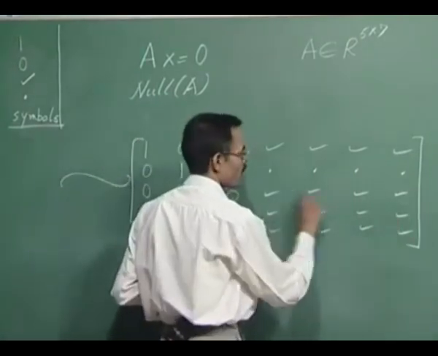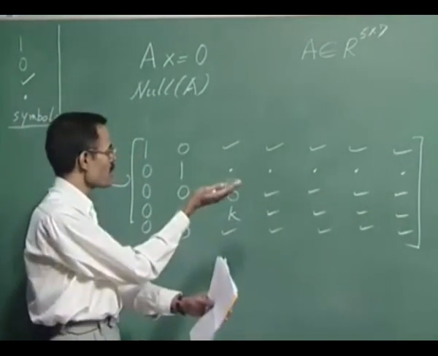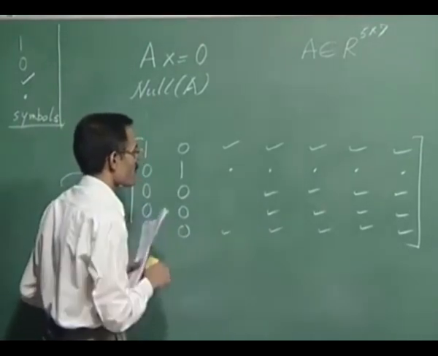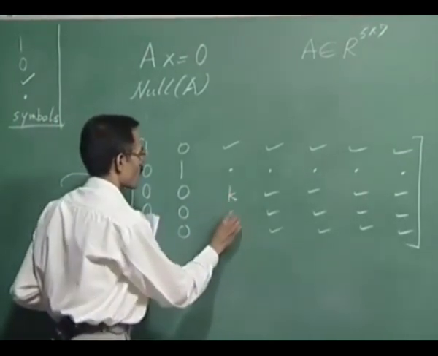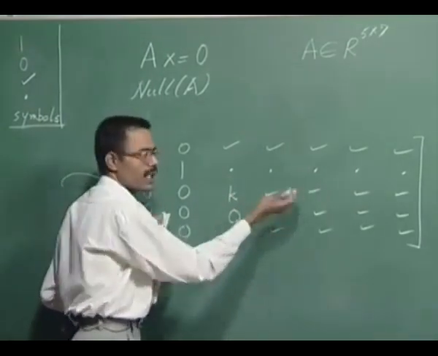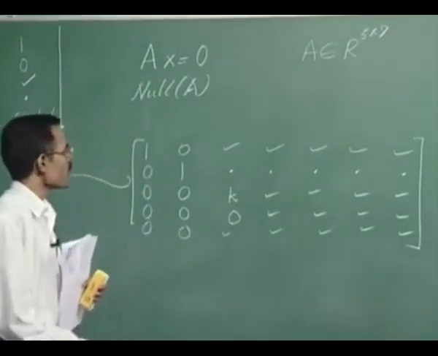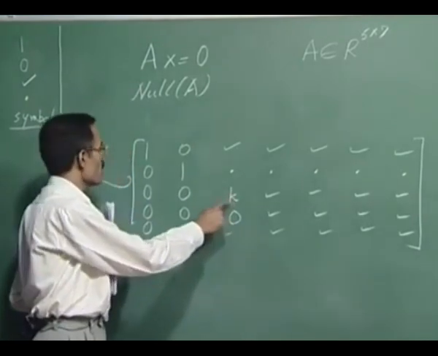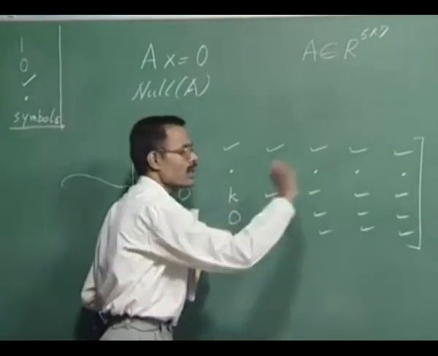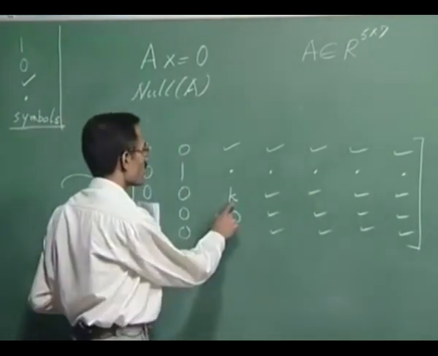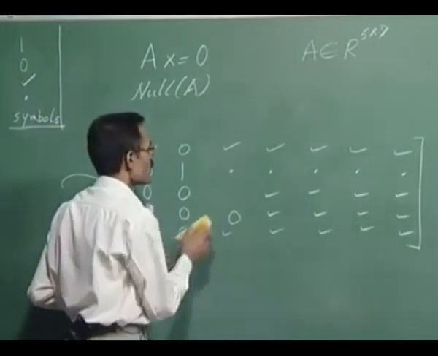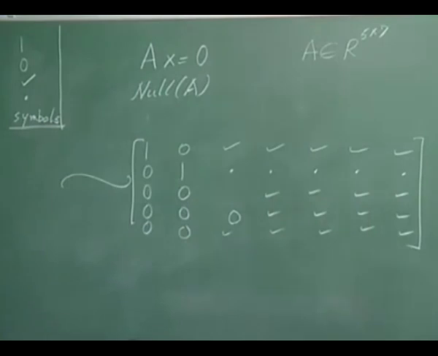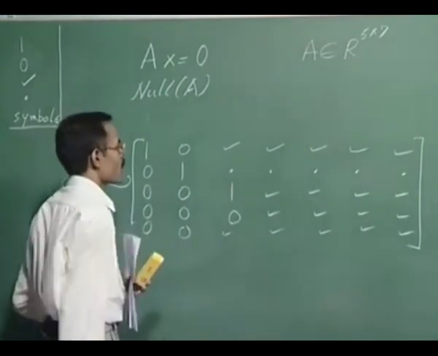These entries and these entries interchange their locations, and this k comes here, this 0 goes there. These will be changed, they will be swapped. Now, this is non-zero and we wanted a 1 here. So, what do we do? We divide the third row with k, whatever is this number. That changes these entries, and here we get 1.